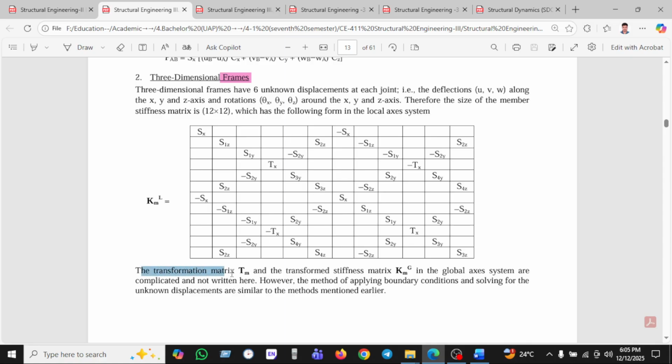The transformation matrix and the member stiffness matrix in the global axis system are complicated and not written here. However, the method of applying boundary conditions and solving the unknown displacements is similar to the previous method.